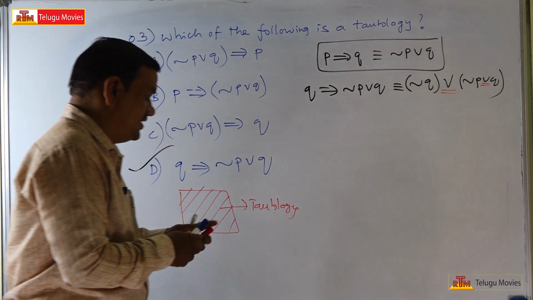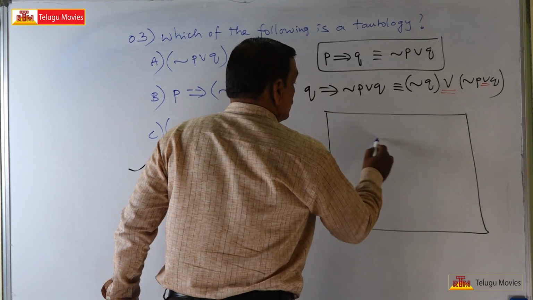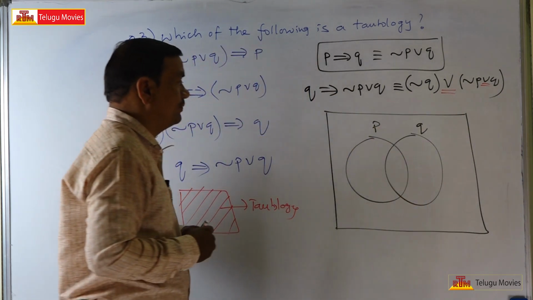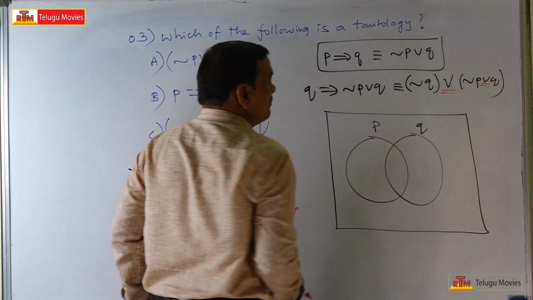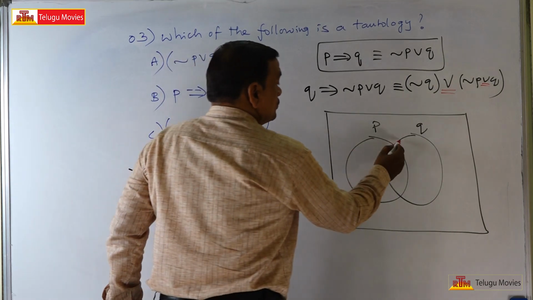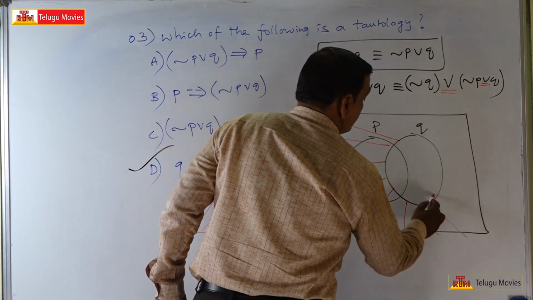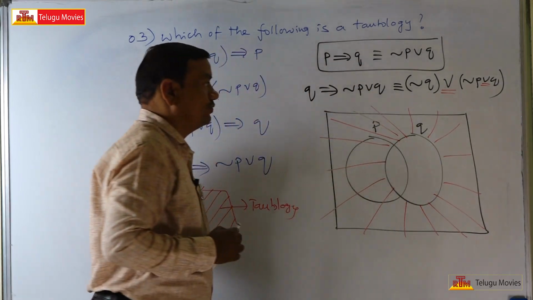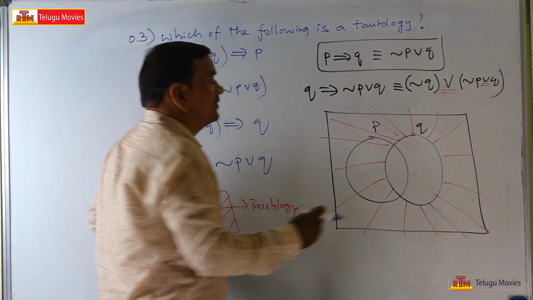See here how I will draw. So this is P and this is Q. Negation Q means what? Outside of Q. So this is negation Q. Now, what is negation P?